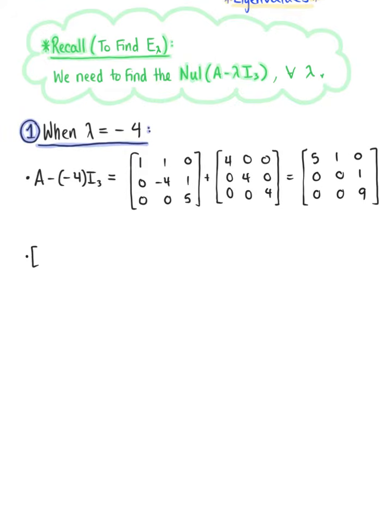So in other words, we are going to row reduce the matrix A plus 4 times that 3 by 3 identity matrix, augmented with the 0 vector, to reduced row echelon form. So taking that 3 by 3 matrix we just found, we want to simplify this. So let's see.